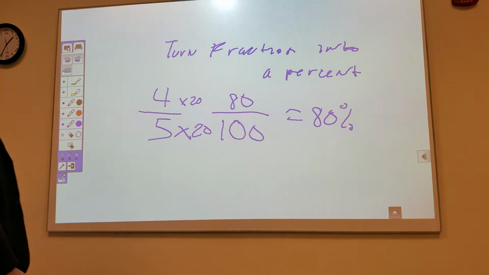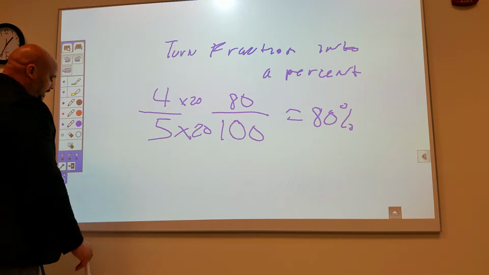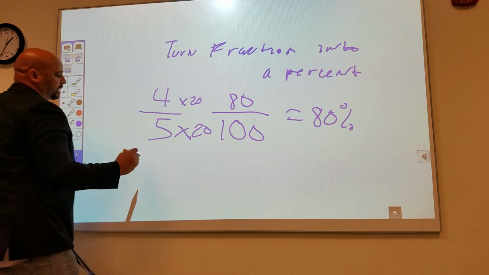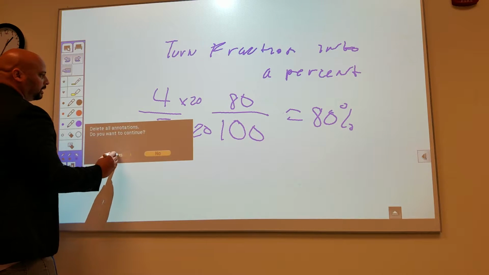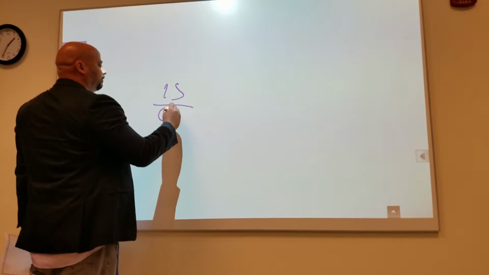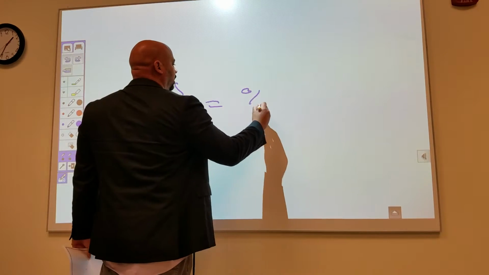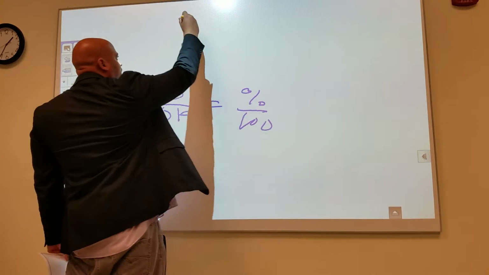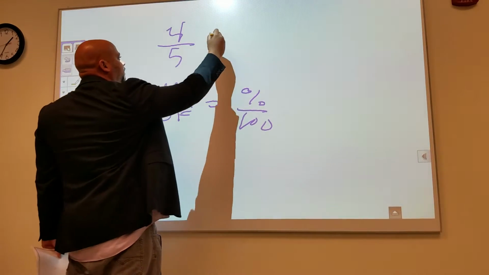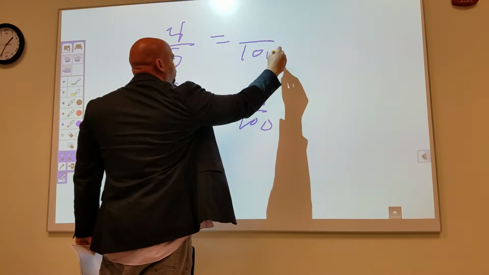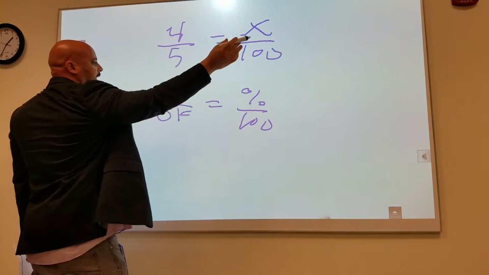It doesn't work in all cases, but in some cases you could do that same thing that we said earlier, which was is over of equals percent over 100. So in this last case we had 4/5, which is the is and the of. This equals what over 100? And what we're looking for is x, which is that missing variable.